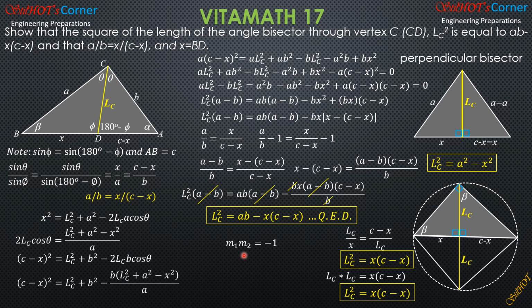That is m1 times m2 equals -1. m1 is L sub c over x, and m2 is negative L sub c over c minus x, equals -1. So negative 1 over negative 1 is positive. So L sub c square equals x times c minus x, which is the same as that.